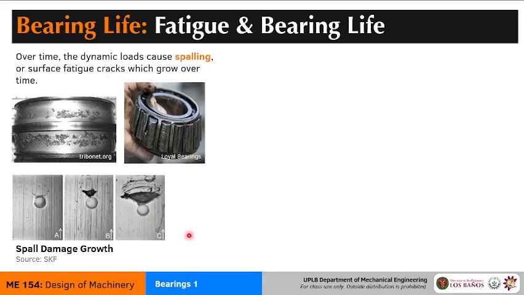Hence, we have to keep track of how long the bearing has been there, and we have to know when to replace it so that we don't get any unfortunate accidents. I've already mentioned that we are not going to use strength of the material in order to determine the limits of the bearing itself. This is one of the differences between bearings and the other elements.